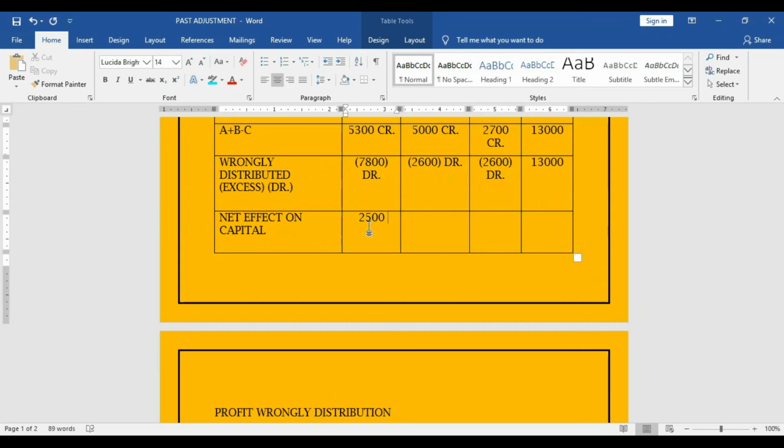That has to be debited in X capital account. And here it is 5,000 and 2,600, therefore 2,400. This is a credit because credit is higher. And here 2,700 minus 2,600 is 100. Again, credit is higher by 100.